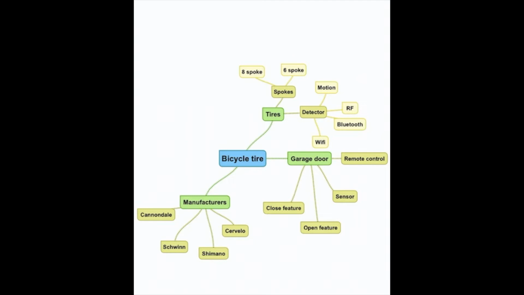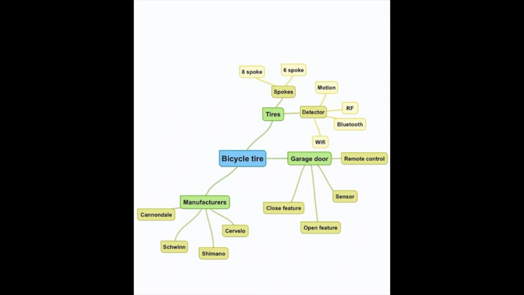And so in the brainstorming, you've got the bicycle tire. I broke it down into the tires, the spokes, the detector, and it could use several different types of communication protocols. And so I've listed them.